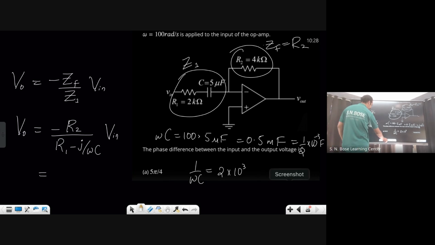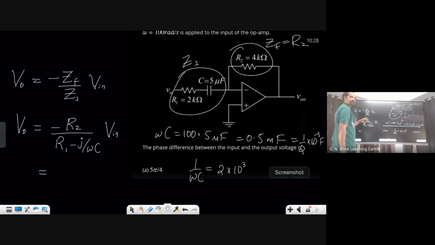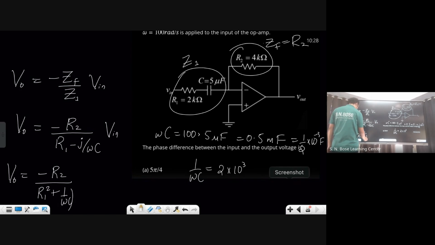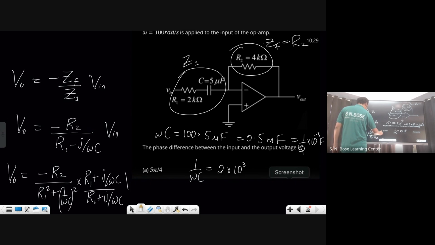No, I should have done it later. Okay, anyway, you try that one. That's equal to minus R2 divided by R1 minus j by omega C. I'm multiplying and dividing by the conjugate of the denominator: R1 squared plus 1 by omega C the whole squared, into R1 plus j by omega C divided by R1 plus j by omega C, into V in.